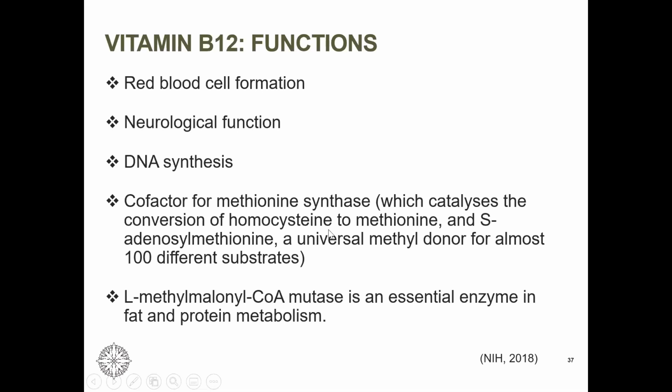Let's not go into detail here; we'll go through methionine synthase and homocysteine in lesson 8. And L-methylmalonyl-CoA mutase is an enzyme in fat and protein metabolism. If we want to check whether somebody has an issue in B12 metabolism, its excretion in the urine is checked, so we look at its metabolism.